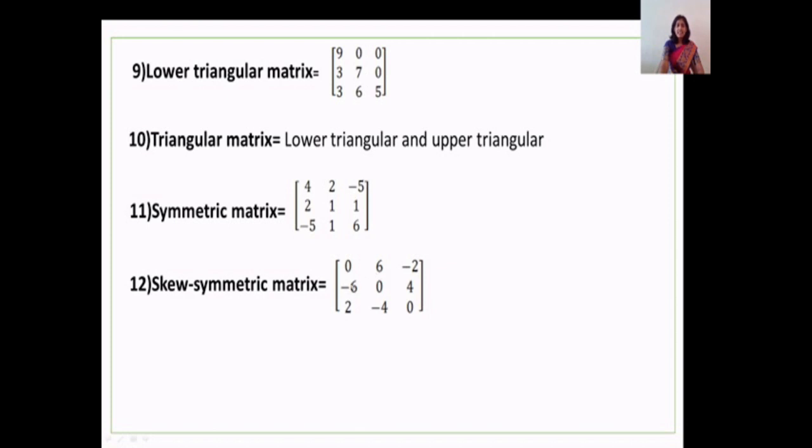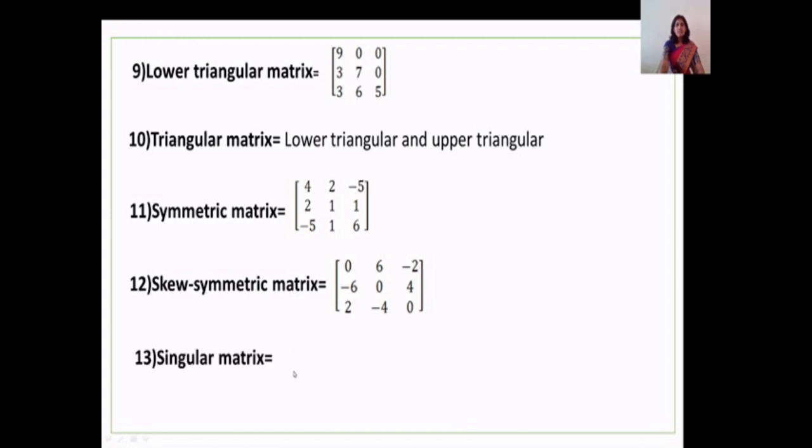Here 6, here is -6. Here 2, here is -2. Here 4, here is -4. So diagonal elements are 0 and non-diagonal elements are the same but signs are different. That is Aij equals minus Aji. Then it is called a skew symmetric matrix.